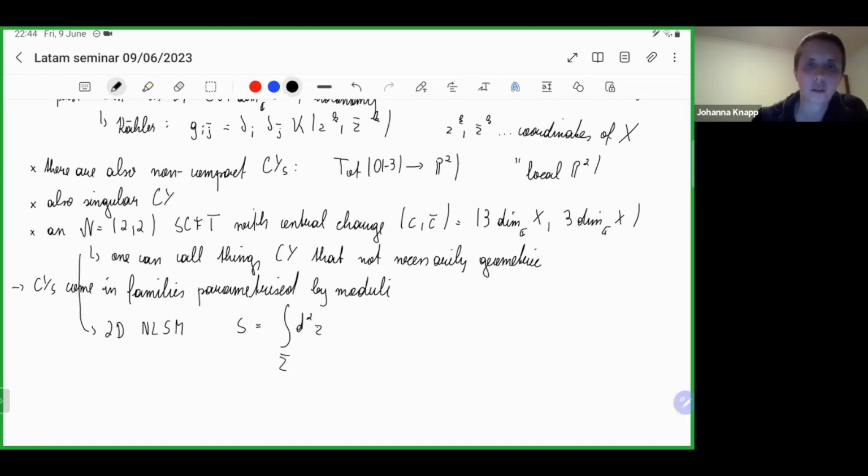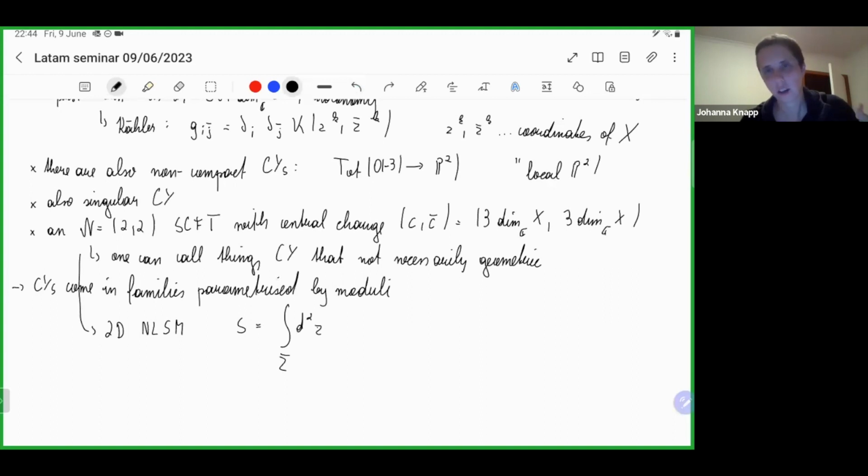It's an integral over the Riemann surface. And then you have a standard scalar potential term plus some further interaction terms. You have superfields, chiral superfields that contain, well, a chiral multiplet, so a scalar field plus its fermionic superpartners.